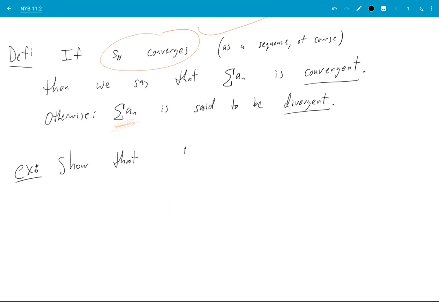So show that summation negative 1 to the n diverges.